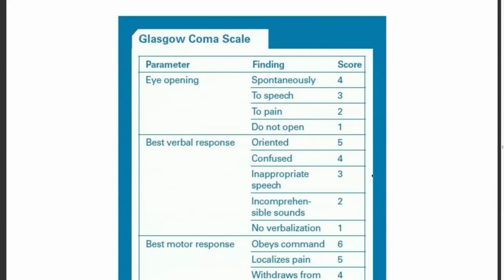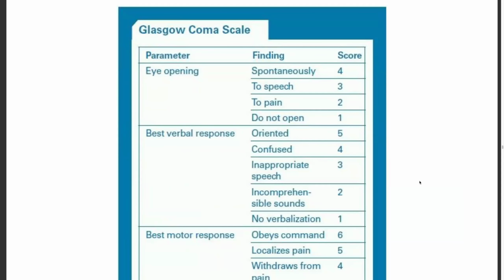So for best verbal response, what would you give them?